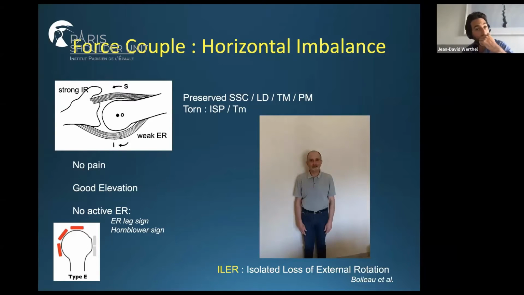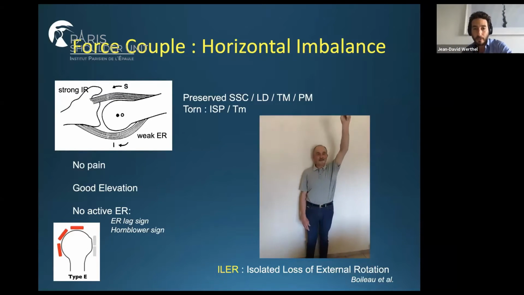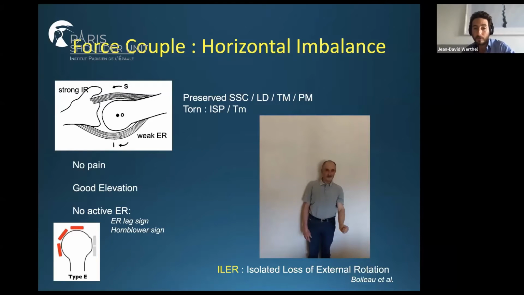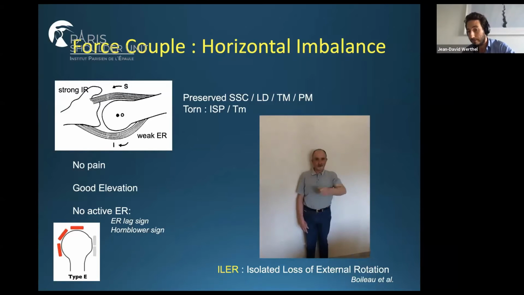We can also have a loss of the force couple in the horizontal plane, and this can concern the posterior cuff, like this gentleman who has no more posterior cuff, no more infraspinatus, no more teres minor. You can see he's trying to do some external rotation, but he has a negative external rotation with the arm at the side.